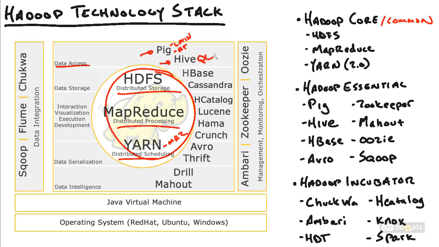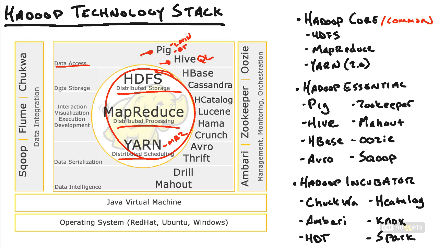Select, columns, from, table, where for filtering, group by. You have everything that is familiar to a SQL professional inside of HiveQL. So it's extremely attractive, because many people that implement Hadoop are obviously going to have data professionals that understand SQL. So Hive is extremely popular because of that. And I should also note that Hive does the same thing that Pig does. It converts these queries into MapReduce jobs that get submitted to the cluster.